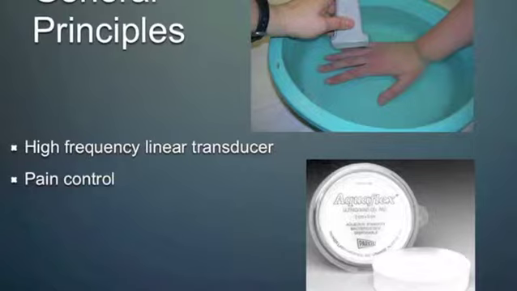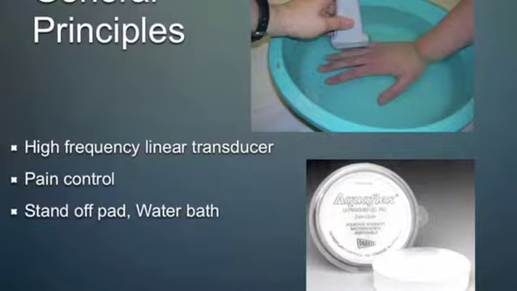We can stand away from it, and also you could use a standoff pad such as the one you see here. There are commercially available standoff pads where you just place the probe on top of the standoff pad, and you place the standoff pad on the area of interest. Sometimes what happens is the natural focal point of the transducer is deeper than where we're trying to insonate. So this happens with very superficial structures, such as on the finger, as we just saw.